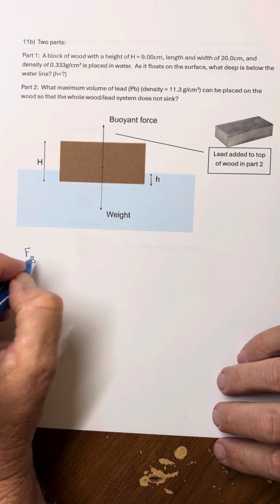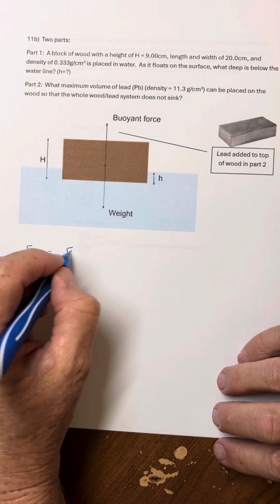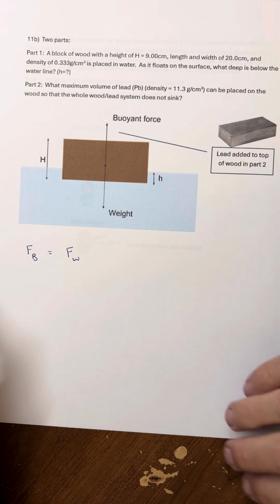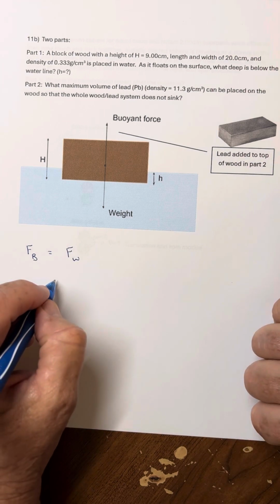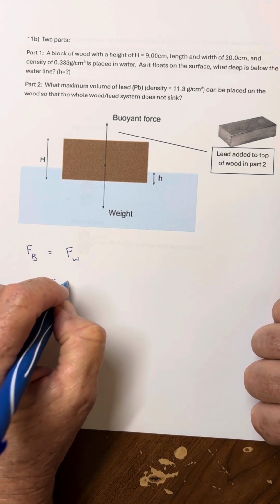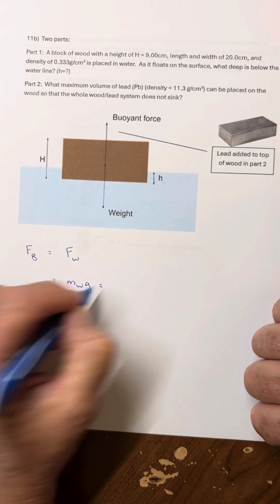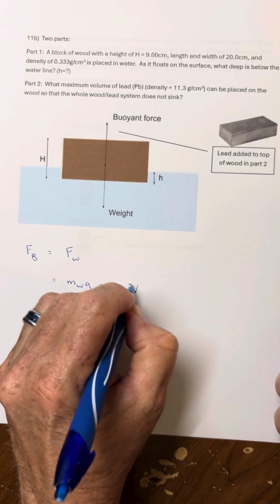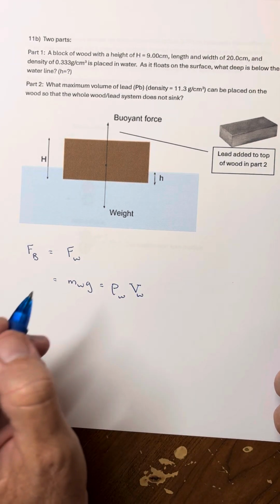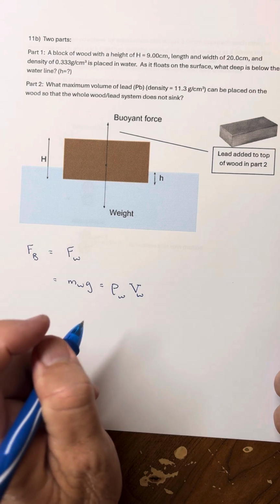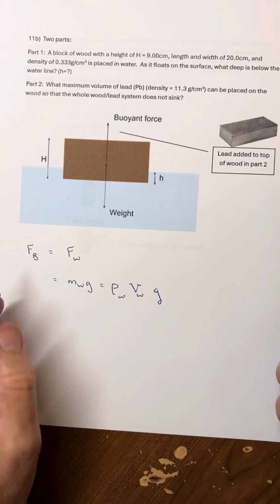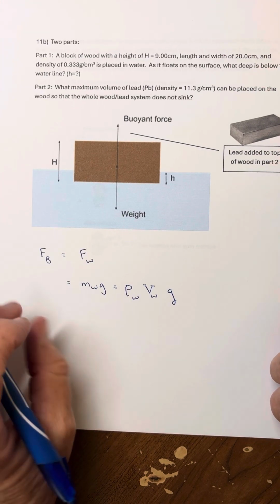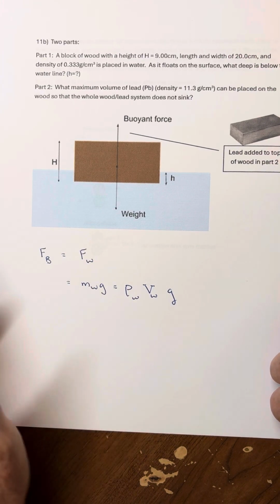the buoyant force lifting up on the wood is equal to the weight of the wood. And the weight of the wood is just the mass of the wood times G, and mass of the wood is the density of the wood times its volume of the wood times G. Now, buoyant force, this is Archimedes' principle, is equal to the weight of the fluid displaced.